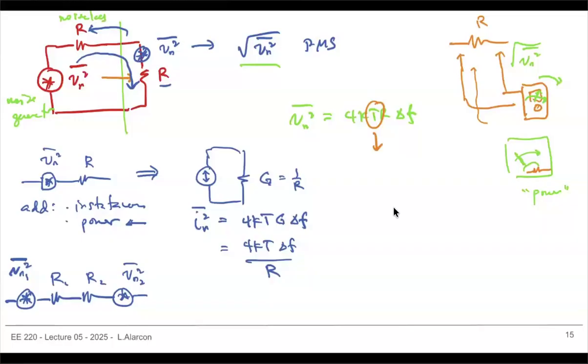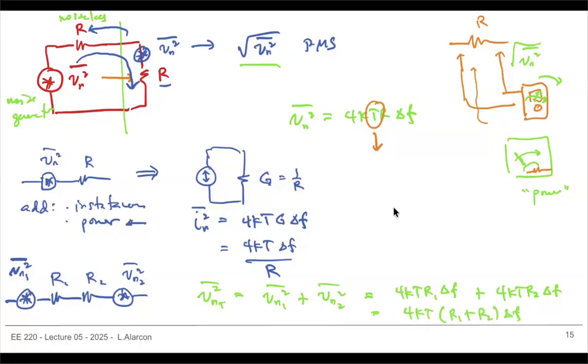If I have two resistors in series, the total noise is just the sum of the noise powers, because powers add. And this is going to be 4kTR1ΔF plus 4kTR2ΔF, and as you would expect, is 4kT(R1+R2)ΔF.